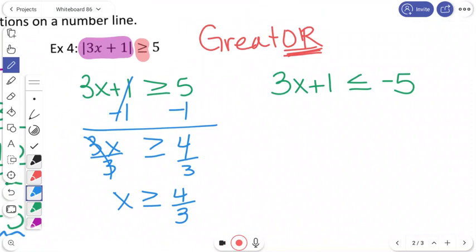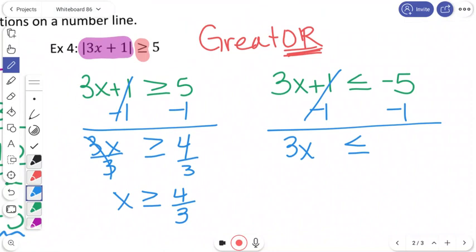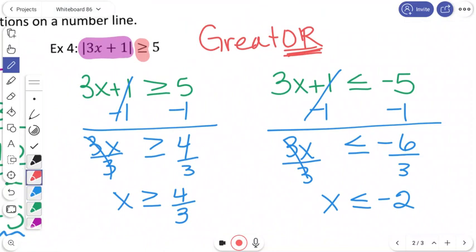Our other inequality, when we solve for x, minus 1, that gives us 3x is less than or equal to, what's negative 5 minus 1? That gives us negative 6. Divide by 3, and that gives us x is less than or equal to, negative 6 divided by 3 is negative 2. So we have those two values, those two inequalities.